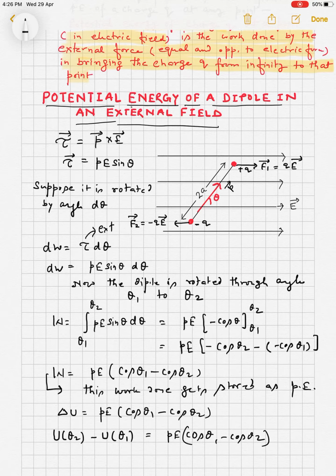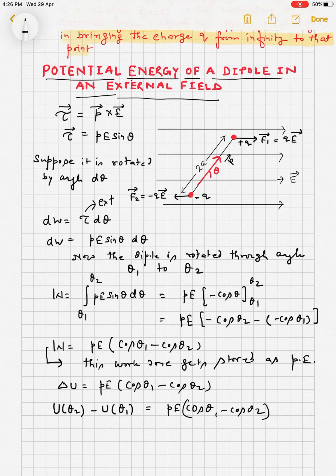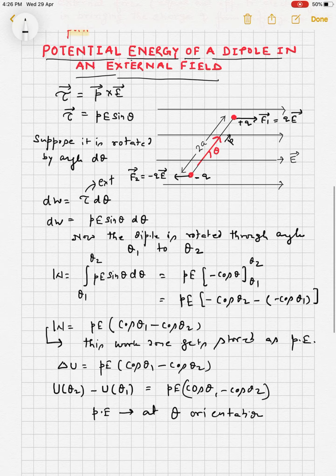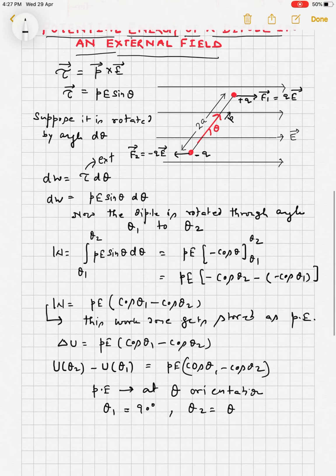As we have seen earlier, there is a freedom to choose a point where the potential energy is supposed to be 0. So if we want the potential energy at orientation theta, we have to take theta 1 equal to 90 degrees and theta 2 equal to theta.